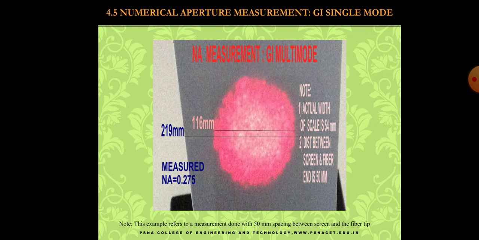So now we are going to get the computation for the multimode numerical aperture section. The heading is numerical aperture measured for the graded index multimode section. Here it is not a single mode, it is the multimode.